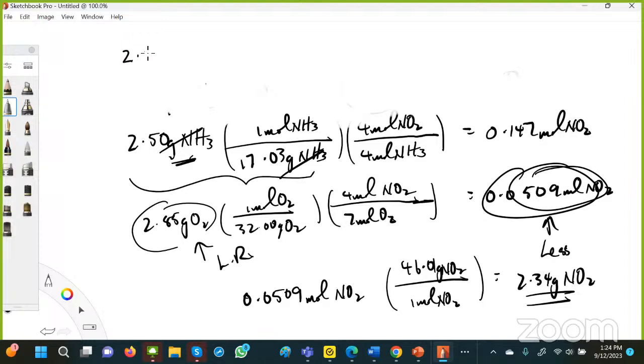Well, let me give you a hint. We start off with the limiting reactant, which is the oxygen, right? And what do we do with that?